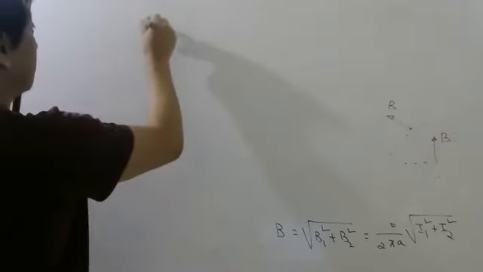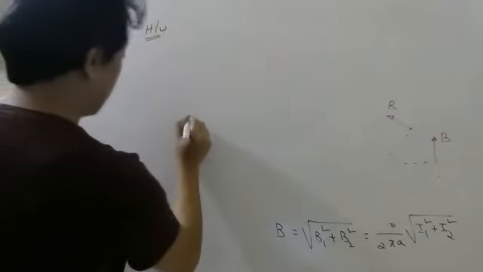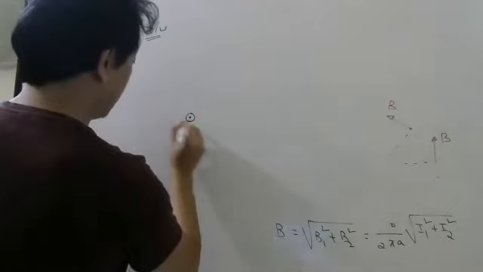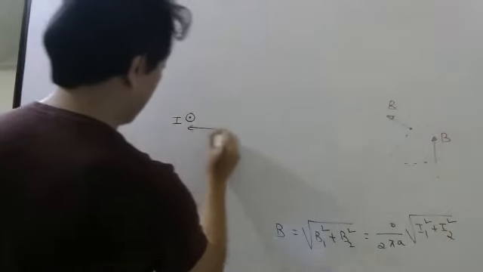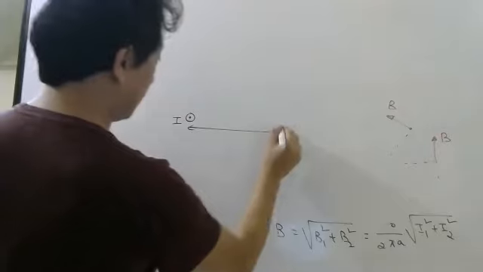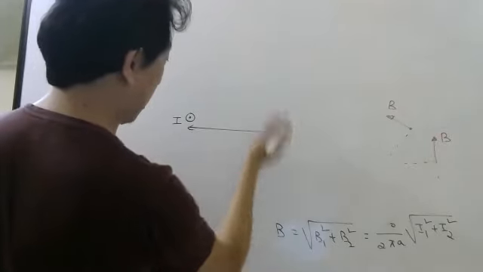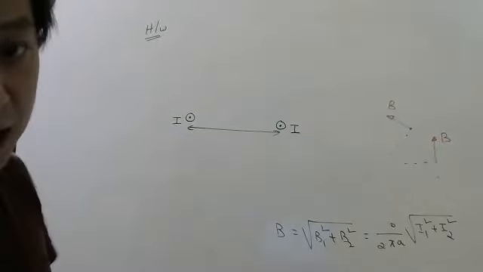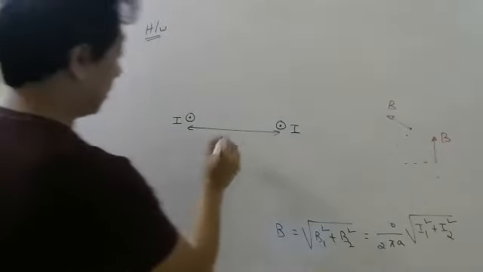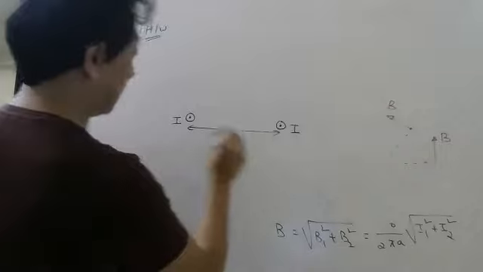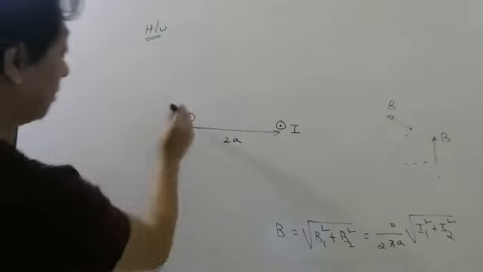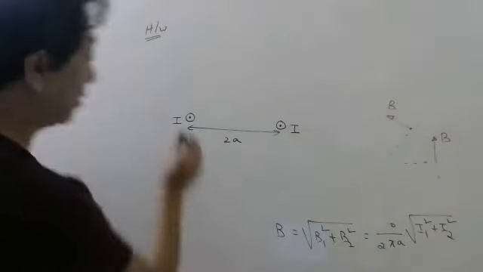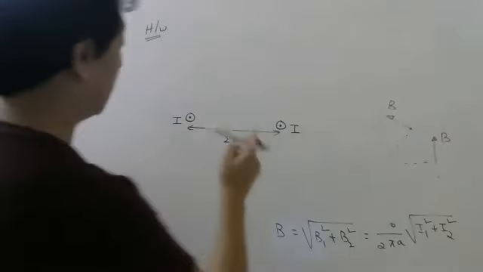So imagine one homework question you try. Suppose one current is coming out, I, and at some distance another current carrying wire is also coming out. Let me assume both are I. And this distance is given as A, let's say. This is current, not charge. So current is coming out.